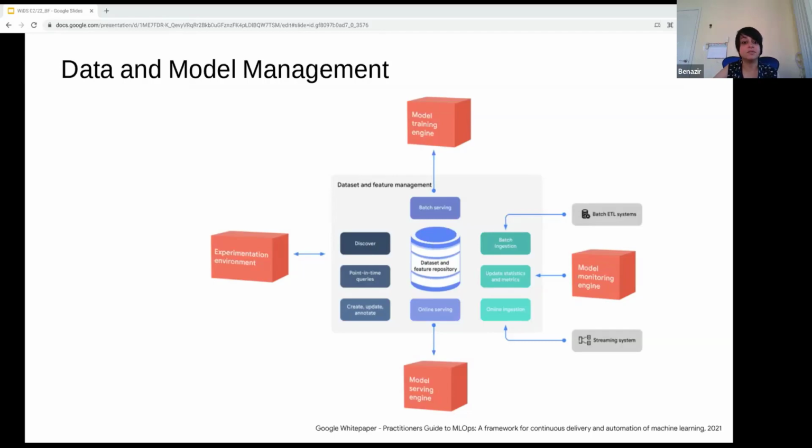Do you do batch serving, or do you do online serving? If you do online serving, your feature repository should have the ability to serve features in real time. One more thing about the feature repository: you are creating and registering features that you feel will be useful to other people in your organization.